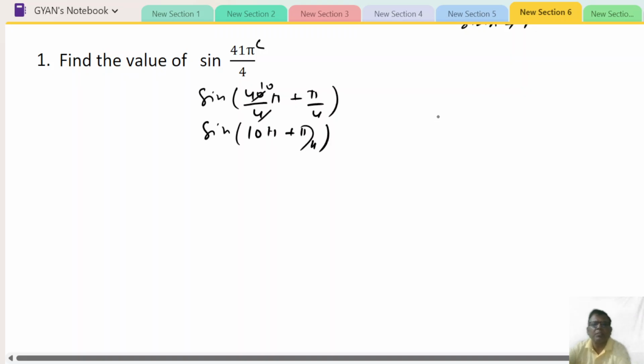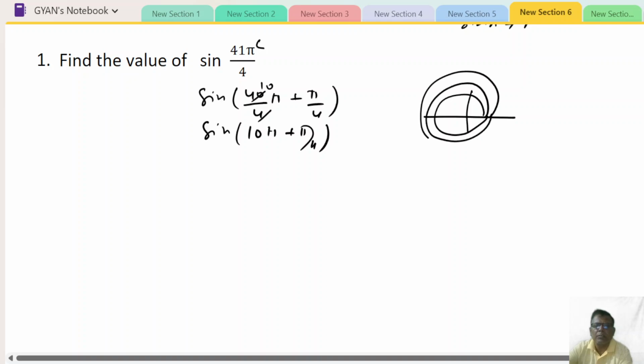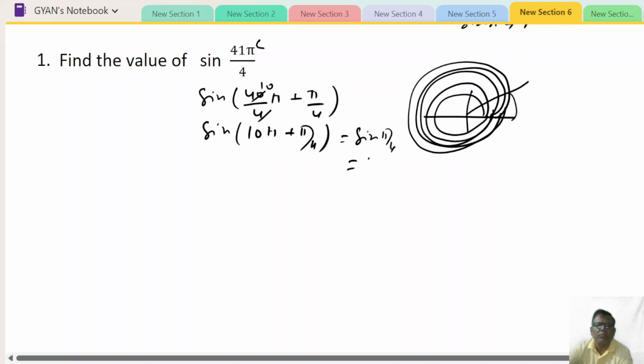So find out where it is lying. So here 2 pi, 4 pi, 6 pi, 8 pi and 10 pi. So somewhere here it will be lying. So that is equal to sin pi by 4. So that is equal to 1 by root 2. So this is the answer.